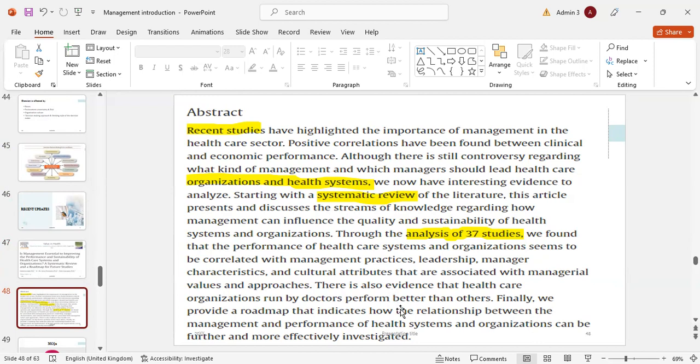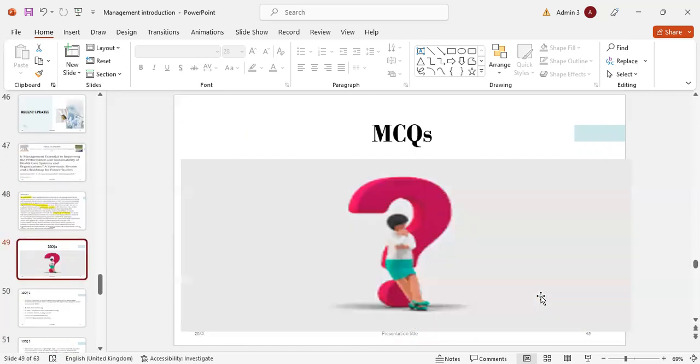There is also evidence that healthcare organizations run by doctors perform better than others. Finally, this study provides a roadmap that indicates how the relationship between management and performance of health system and organization can be further and more effectively investigated.